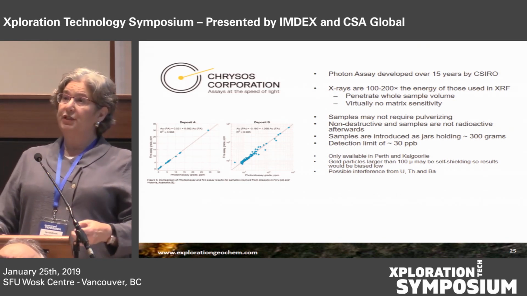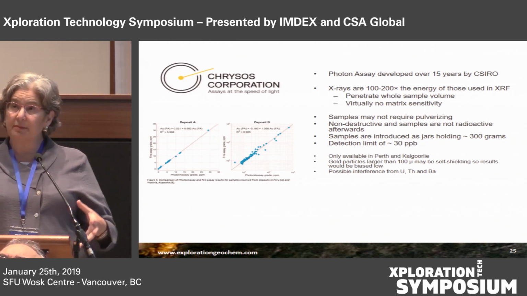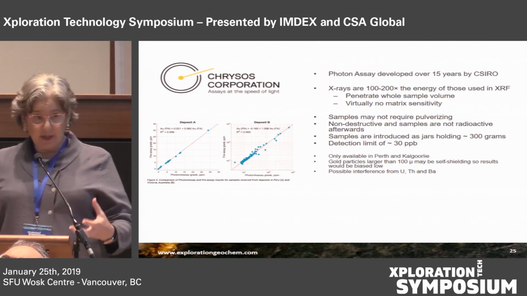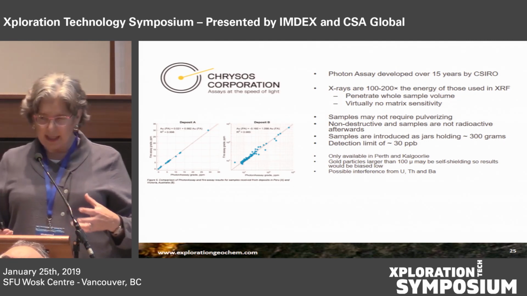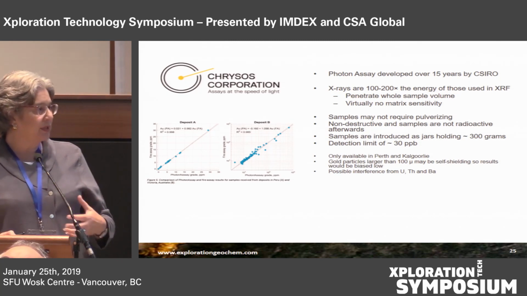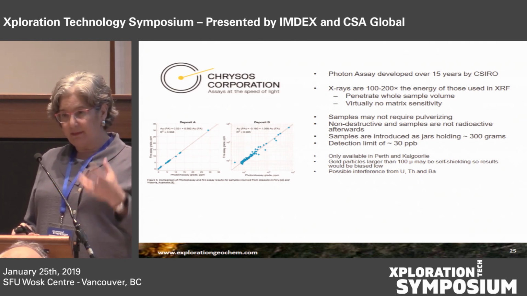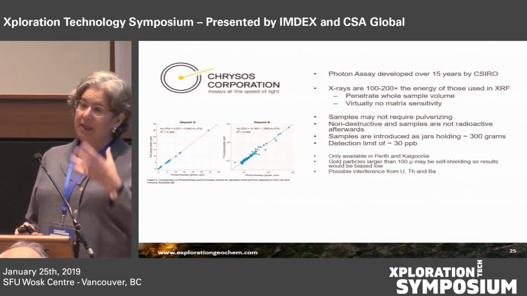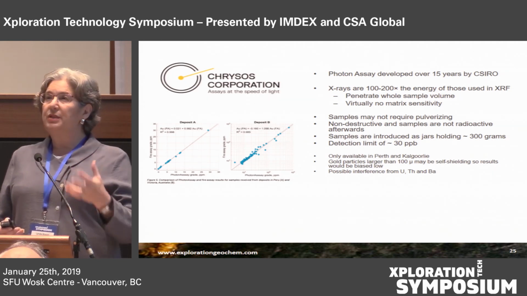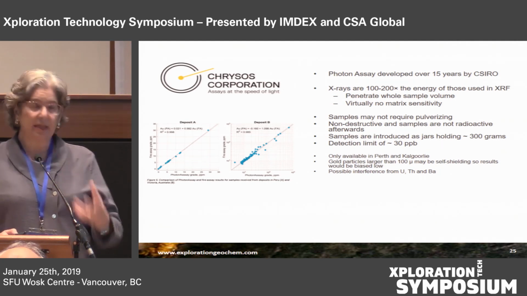What was new last year is that the very first commercial system was put in place in Perth. They have done maybe 10,000 samples. And the way it works is you can irradiate a relatively large sample of 500 grams or so, depending on the specific gravity of the material. It penetrates the whole volume, and it has very little matrix sensitivity.